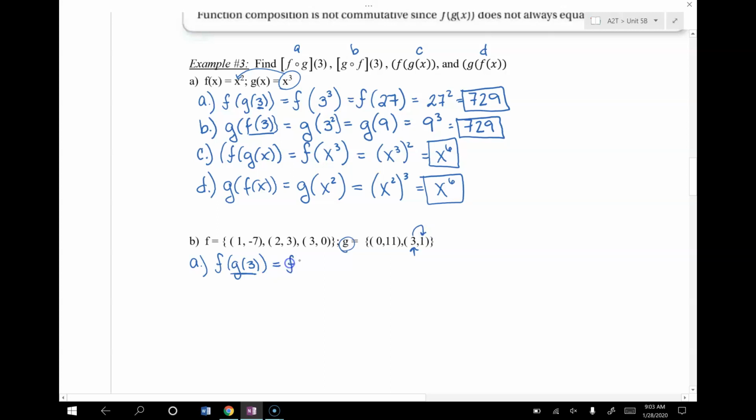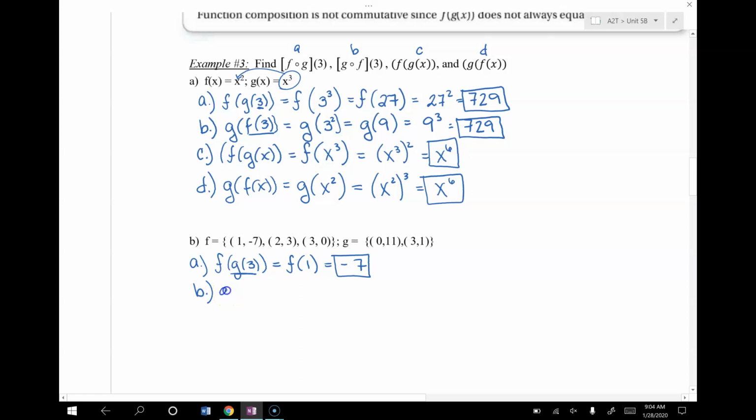So now I'm going to evaluate f of 1. I'm going to look at the f set and find 1. Oh, hey, here it is, and that corresponds to an output of -7. That's my answer.